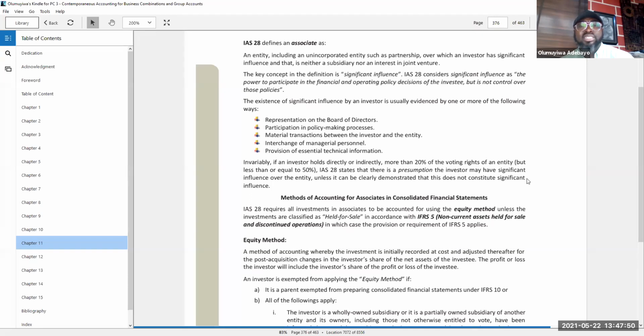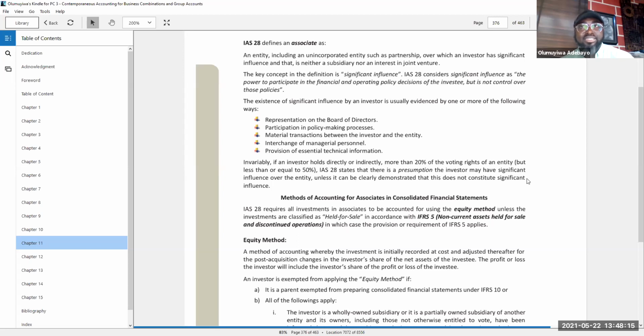Now, what are the qualitative attributes that can presuppose that significant influence is exerted by an investor in an investee entity? IAS 28 comes up with the following practical demonstrations that there is a significant influence.